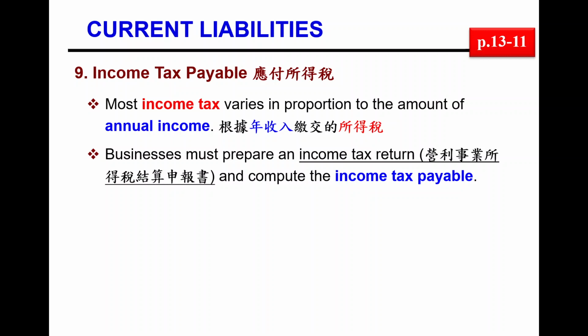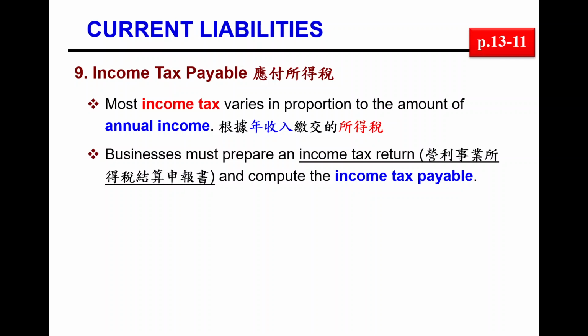So for companies, at the end of each year, so on the last day, you have to prepare what? Income tax return. Income tax return is the format. So this format, Chinese 盈利事业所得税结算申报书. So what does it mean?